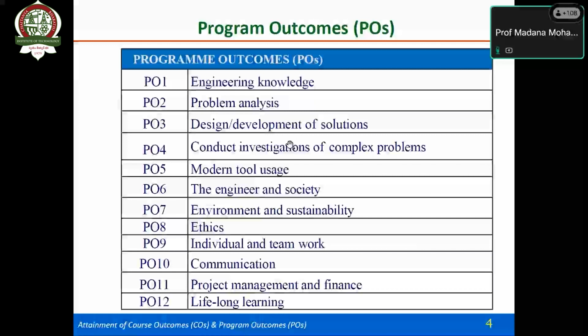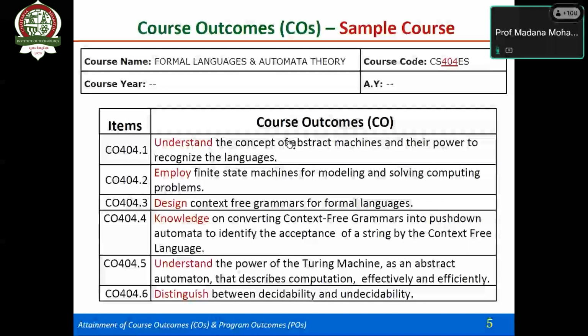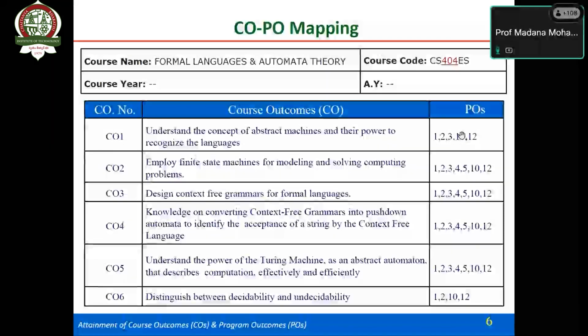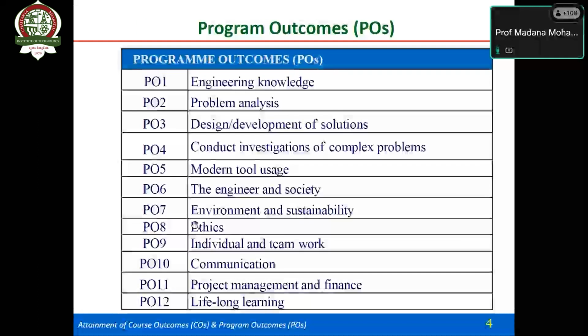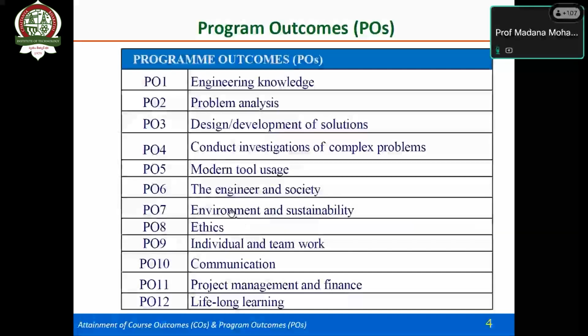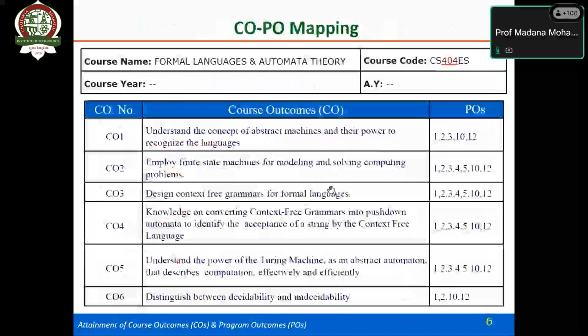That's why PO3 is also related. Then how is it related to PO10? What is PO10 actually? Communication. Whatever we are doing, we compulsorily have to communicate. Without communication we can't do anything. That's why it is related to communication also.